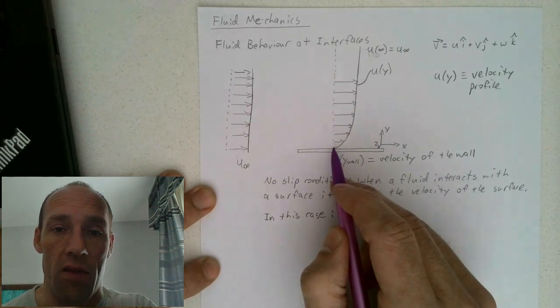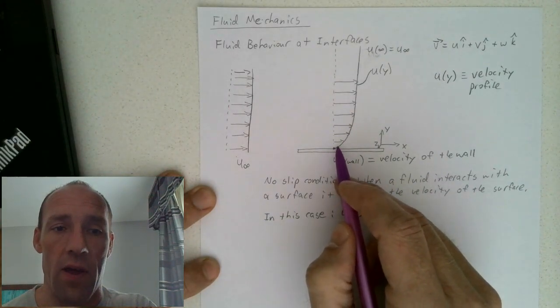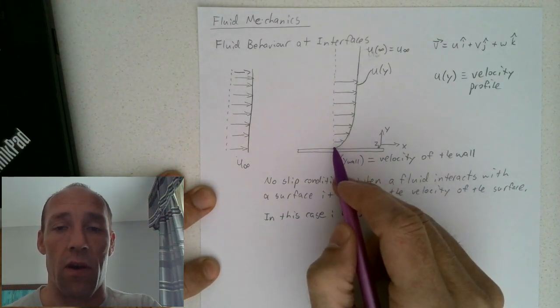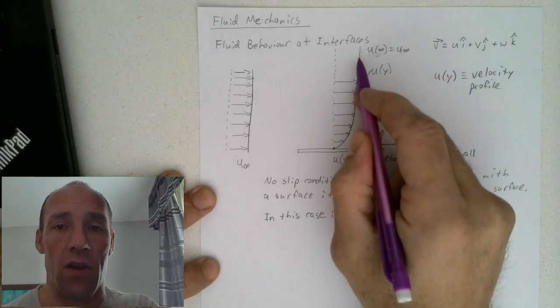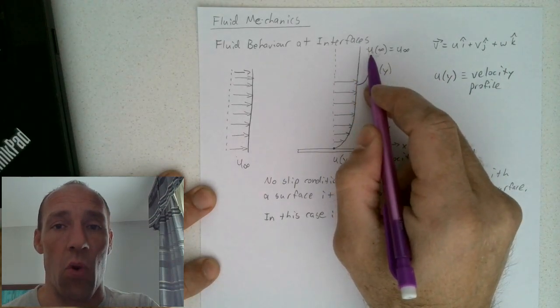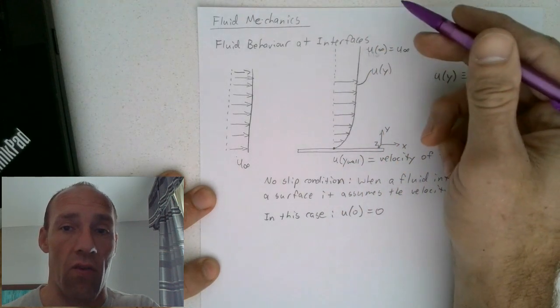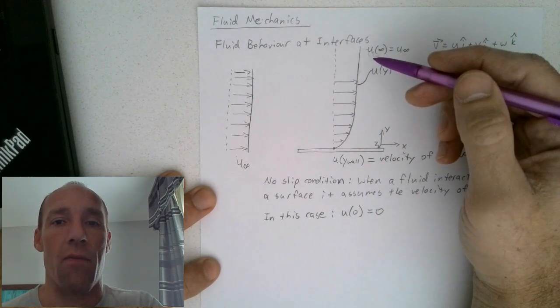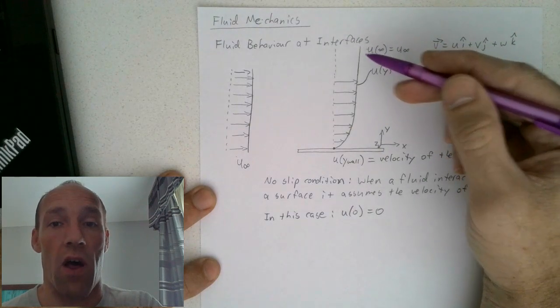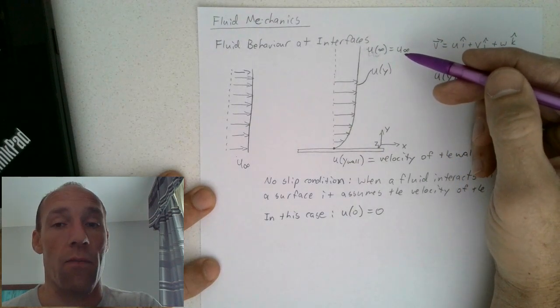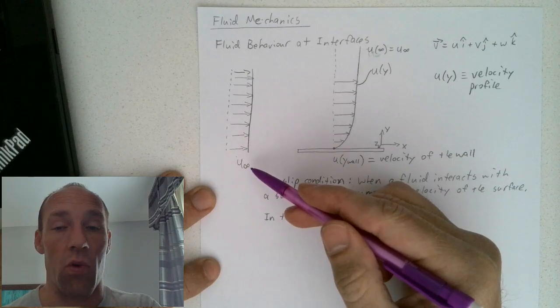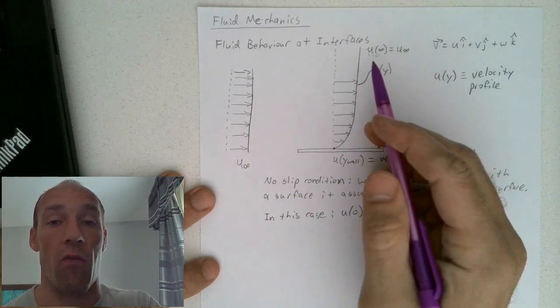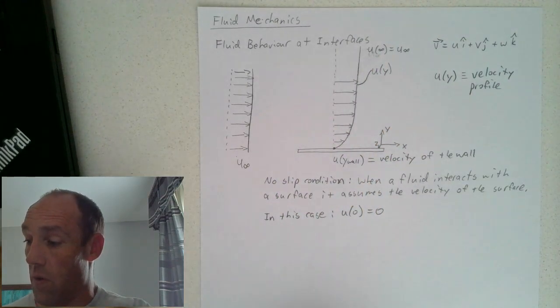And so it starts at, in this case, 0, and increases in velocity as we get very far from the plate. The velocity approaches this value u infinity with which it approached in the first place. Okay.